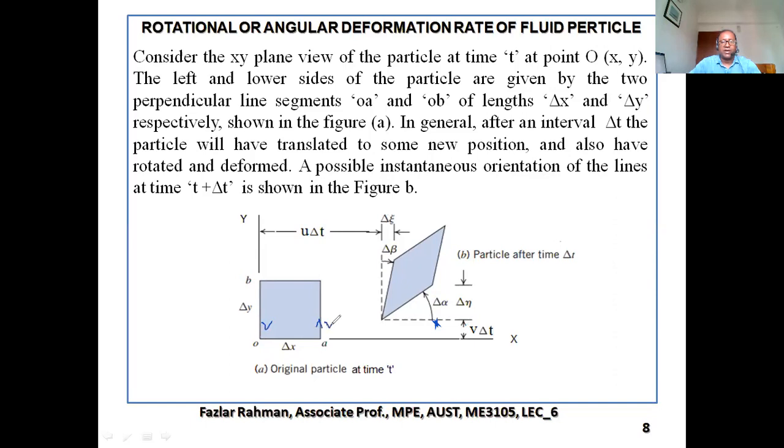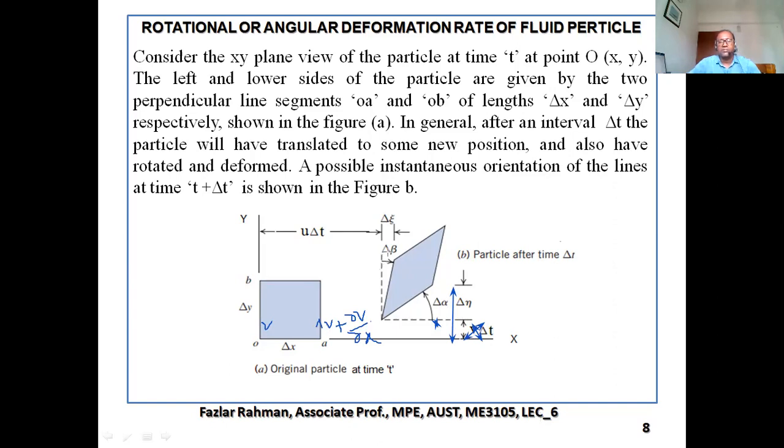It travels faster than point O. Using Taylor series, v changes along the x direction: dv by dx into h, where h is delta x. Multiply this velocity by the time, and you get this much distance from here to here. Subtract this distance from this one, and you'll get delta eta.